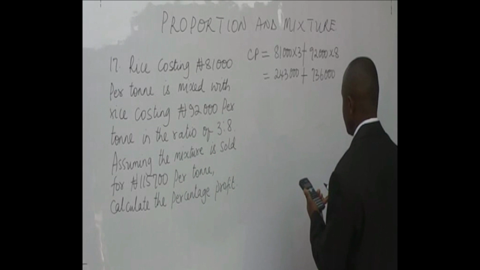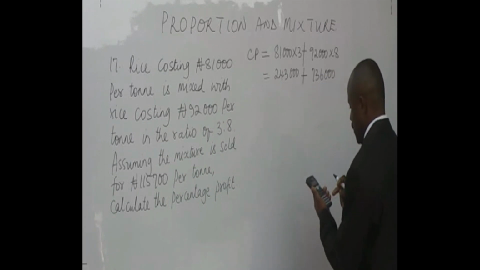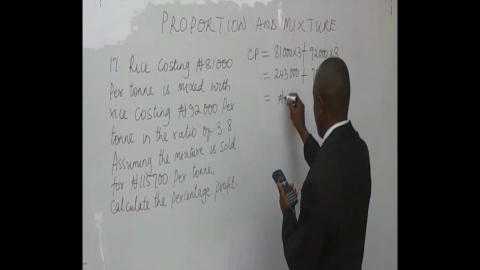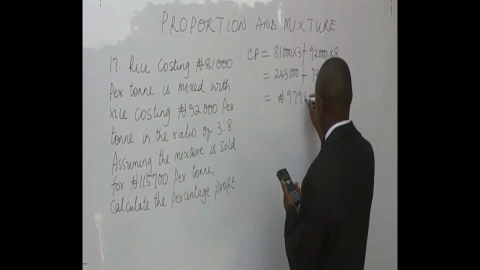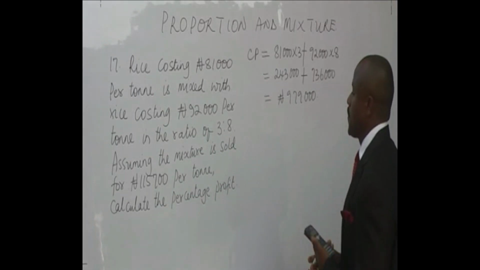If you add it together, 736,000 plus 243,000, we'll get 979,000. This is our cost price.